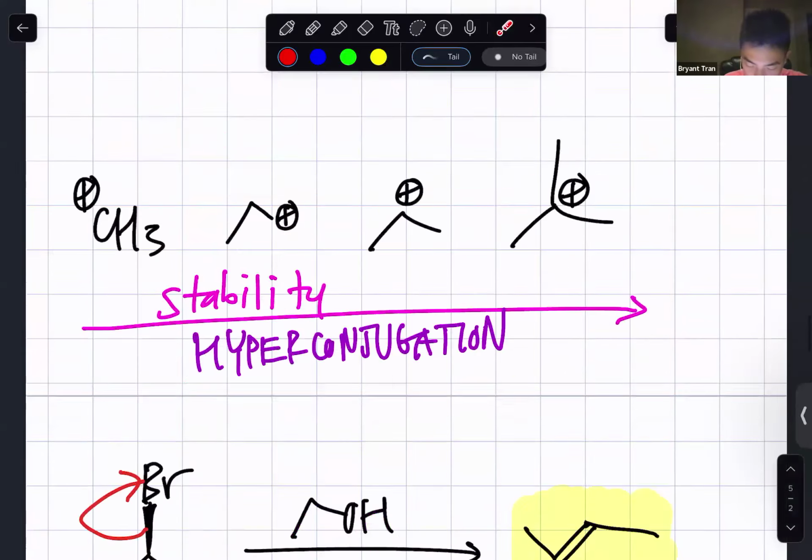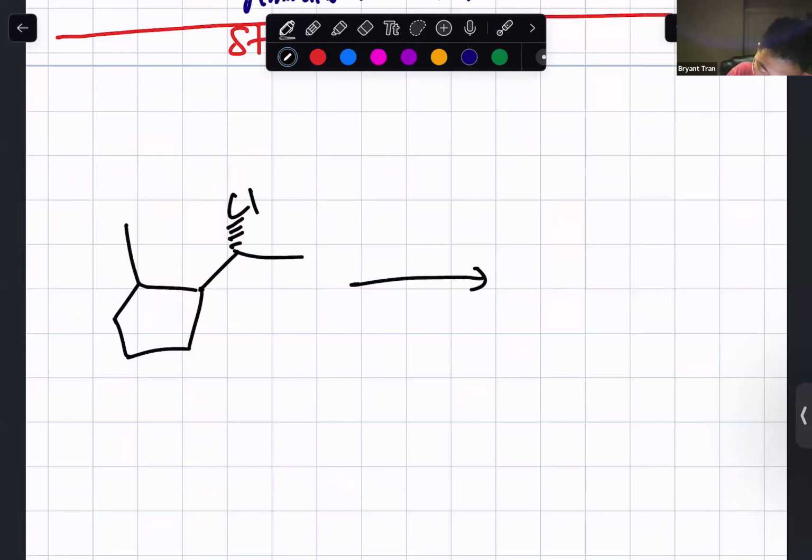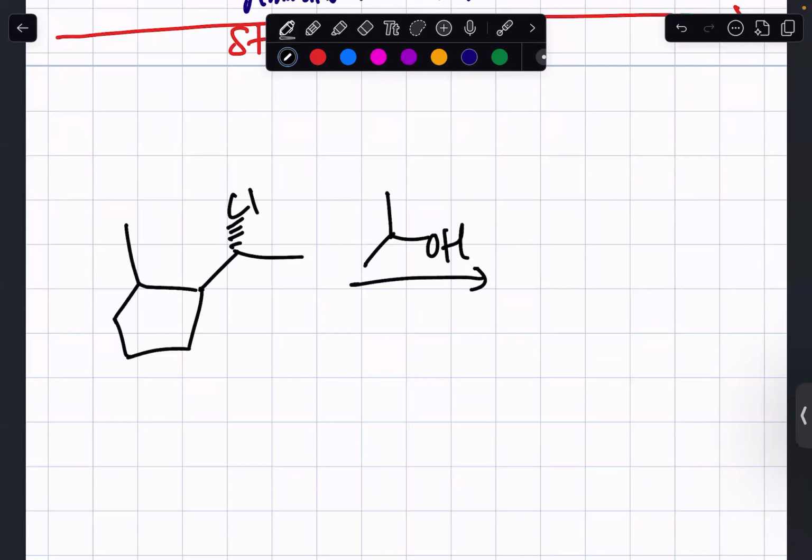Okay. Now, let's say we have this molecule over here and we react it with isopropanol. What do you guys think of when you see this reactant and reagent here? It has to be either SN1 or E1.